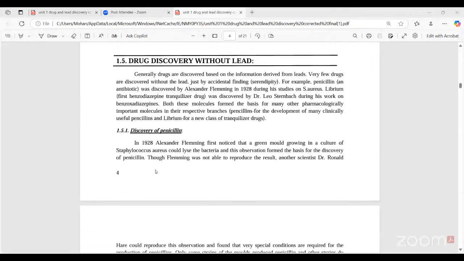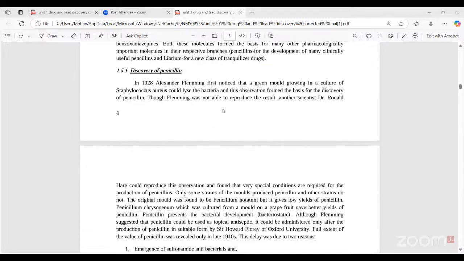In 1928, Alexander Fleming noticed a green mold growing in a culture of Staphylococcus aureus that could lyse the bacteria, and his observation formed the basis for the discovery of penicillin.